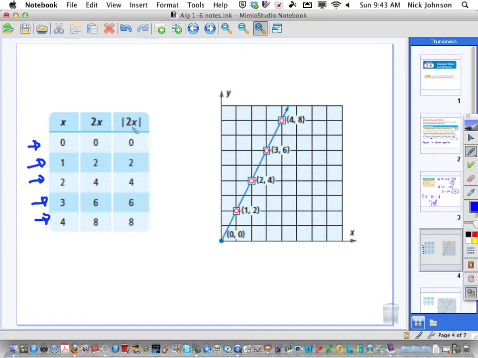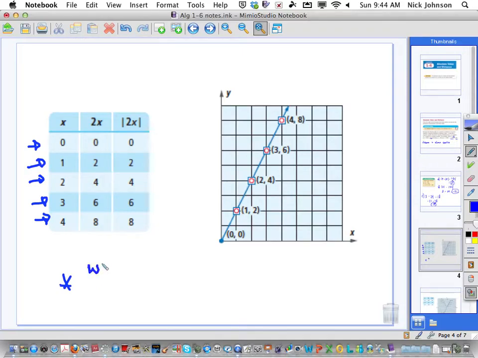If I put in 0 for the absolute value of 2x, I also get 0. If I put in 1, I get out 2. If I put in 1, 1 times 2 is 2. The absolute value of 2 is 2. And then they went ahead and plotted these points. So if you only look at the positive numbers, these things look like they are equivalent. This is what I'm trying to tell you.